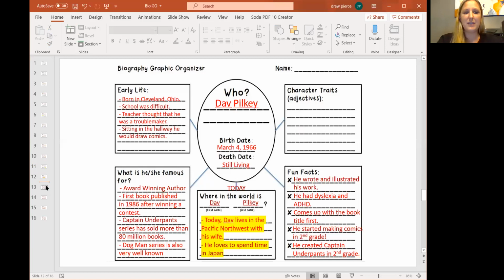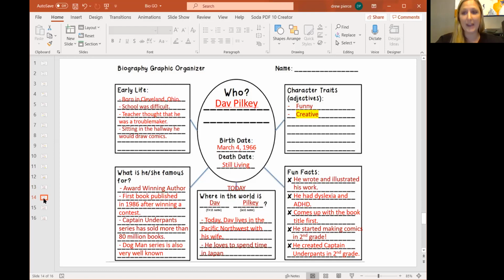And you might be able to find some character traits in the book, but you might just have to think outside of the box. And one thing I know about Dave Pilkey is that he's funny. All of his books are based on humor, and so his humor is what caused him to create some of the books. So one character trait is that he's funny.